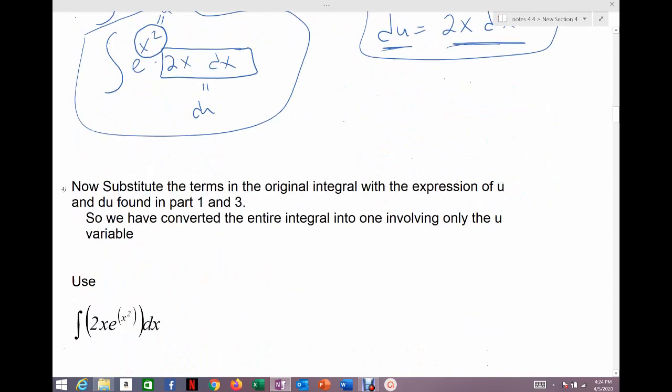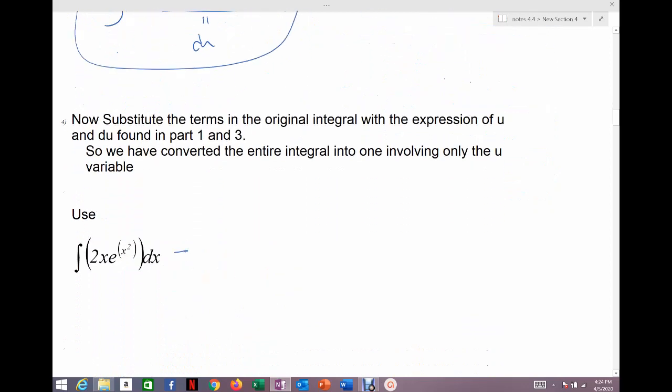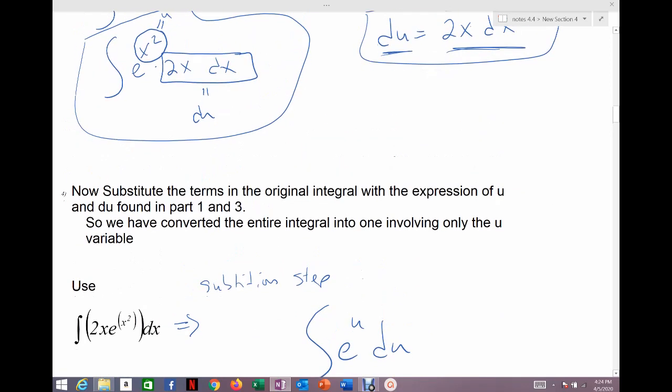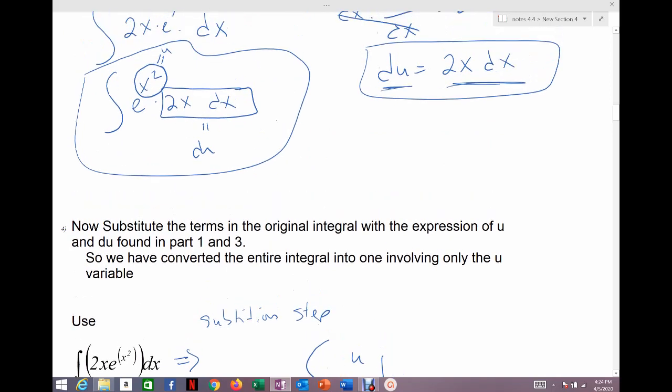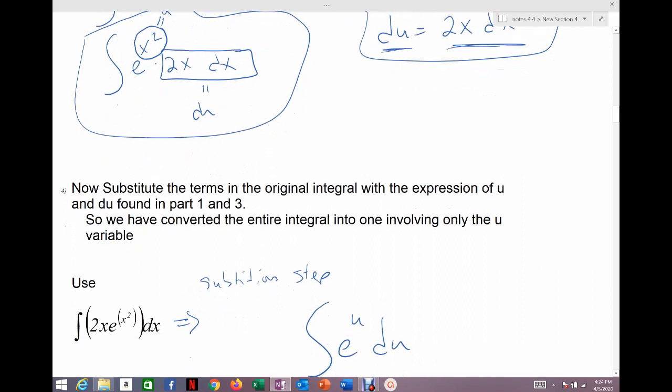And when I do that, I get e to the u du, right? I got rid of the x squared. That's where the e to the u comes from. It's now e to the u instead of e to the x squared. I got rid of the 2x dx because it equaled my du, and so I replaced 2x dx with du.